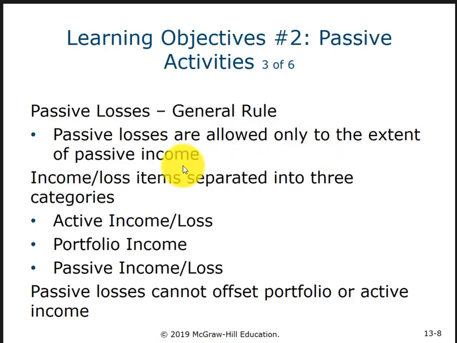Any additional expenses are passive losses and must be carried over or applied to other passive activities. All right? Because you cannot take a passive loss and offset portfolio income. You cannot take a passive loss and offset active income.